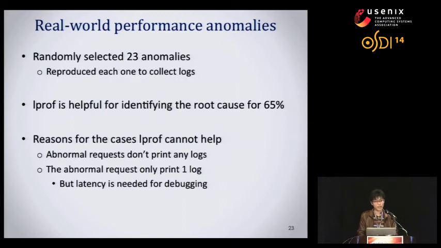And in the remaining 35%, most of them is because abnormal requests don't print any log messages, so Iprof cannot help. And in some other cases, the abnormal requests only print 1 log message, but the latency is needed for debugging that, and Iprof needs at least 2 log messages to infer the latency.